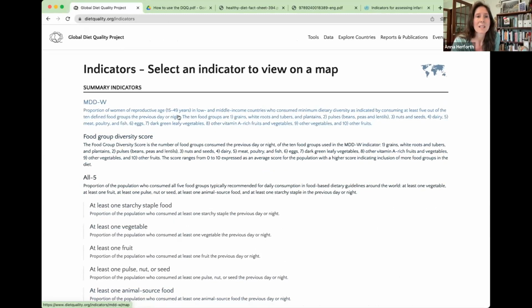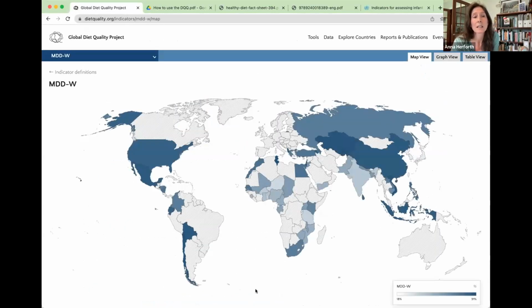So let's start with MDDW, which is the minimum diet diversity for women. This is an indicator that has guidance put out by the UN Food and Agriculture Organization, which is followed in the collection of this indicator. And many countries have collected this or aimed to collect this indicator in their national plans because it captures the likelihood of achieving nutrient adequacy among women aged 15 to 49.